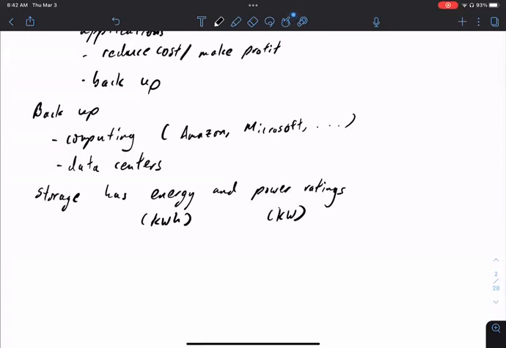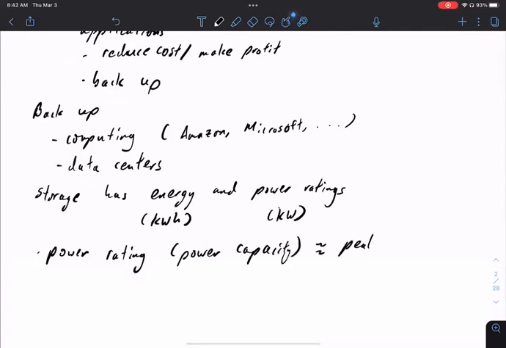Okay. So this power rating is, in a lot of the literature, called power capacity. I have a data center, I have some peak load measured in terms of electric power consumption.